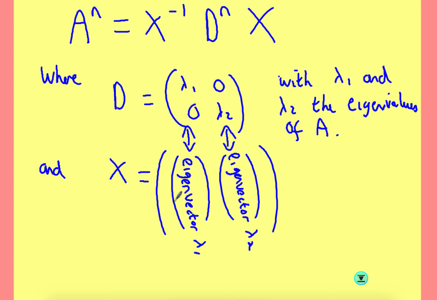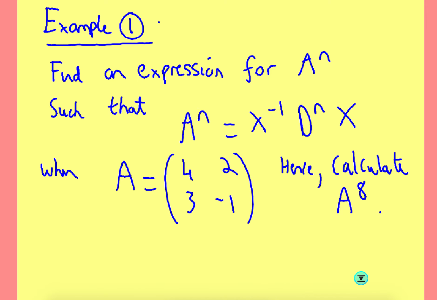But I'll show you what this all means with an example, as I always do. Okay, let's look at our example. Find the expression for A^n such that A^n equals X inverse multiplied by D^n multiplied by X, when A is equal to the matrix 4, 2, 3, -1. And then hence we're going to calculate A to the power of 8.